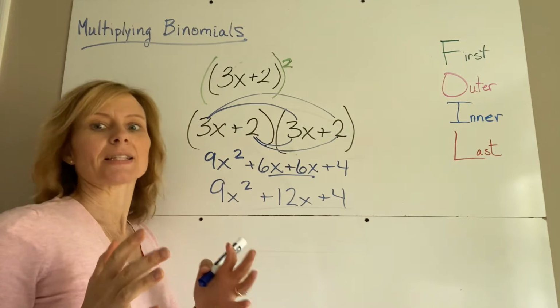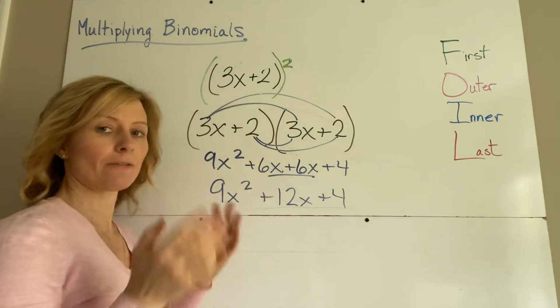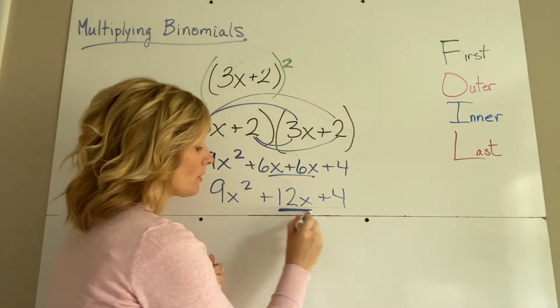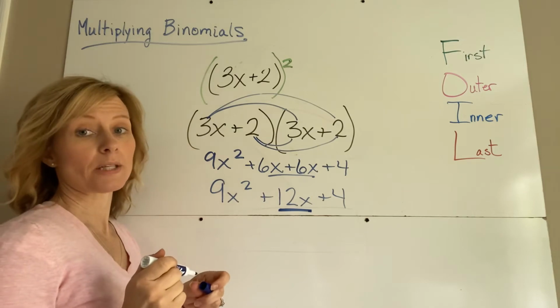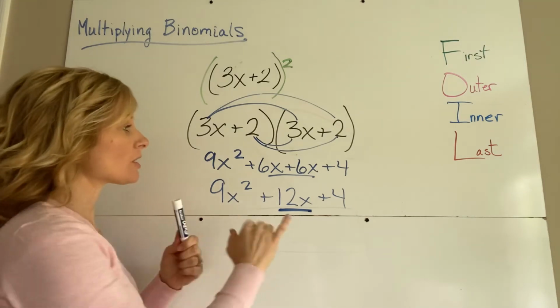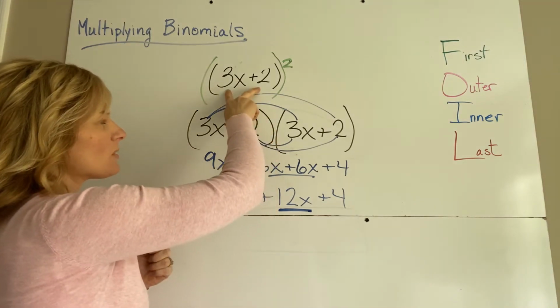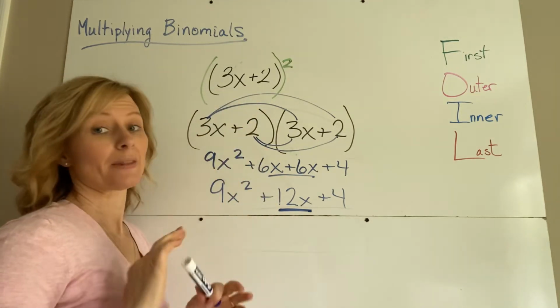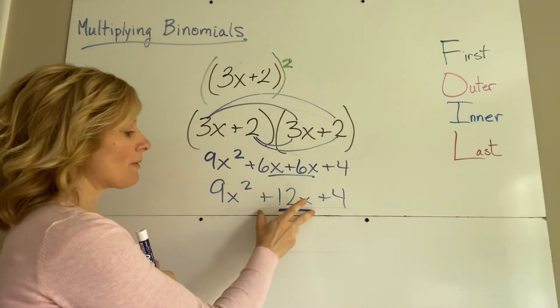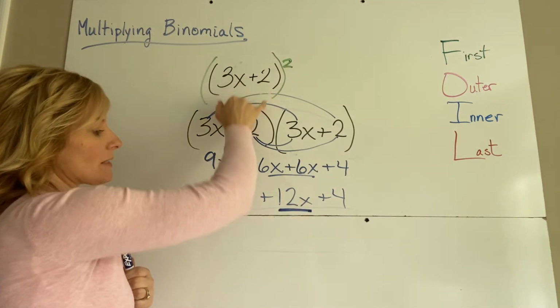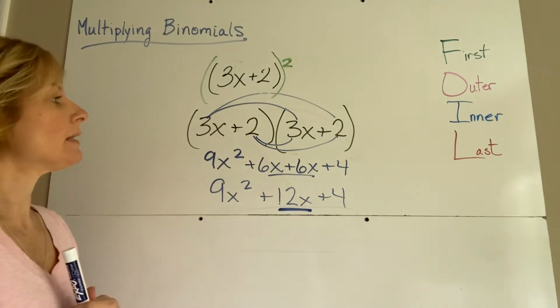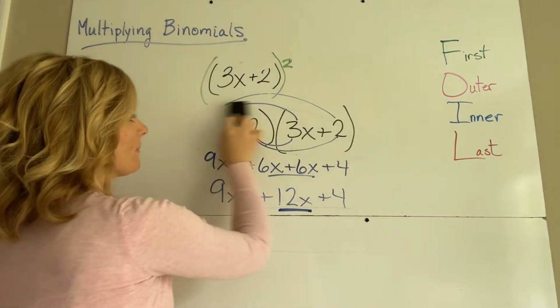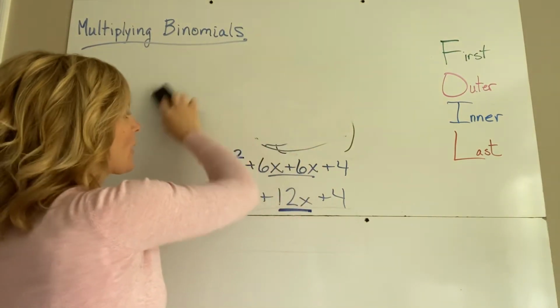But we didn't just get the 9x squared, and we didn't just get the 4. We got this middle term, okay? That middle term is important. And as you work through these, you're going to start seeing, oh, all I have to do is multiply 3 times 2, add it twice, and you get that middle term. That's a lot for most people, but some of you are going to be able to pick that up and make this transition fairly quickly. Okay, so that's squaring a binomial.